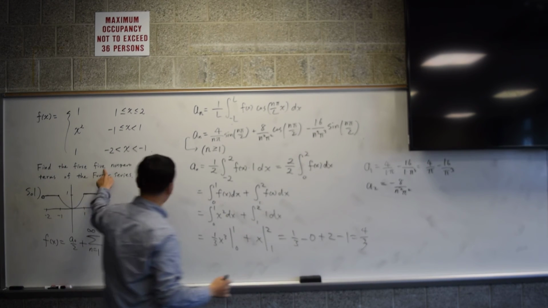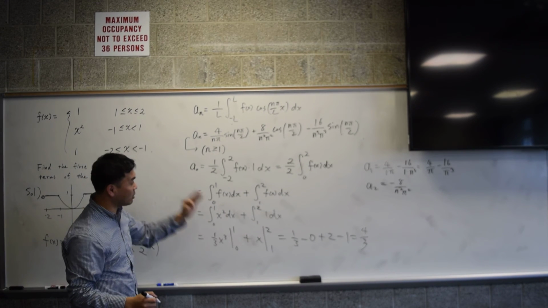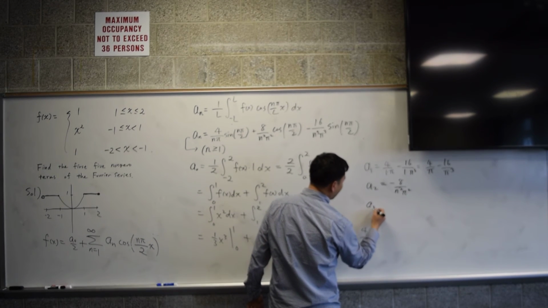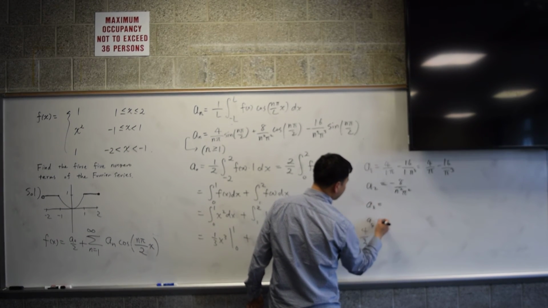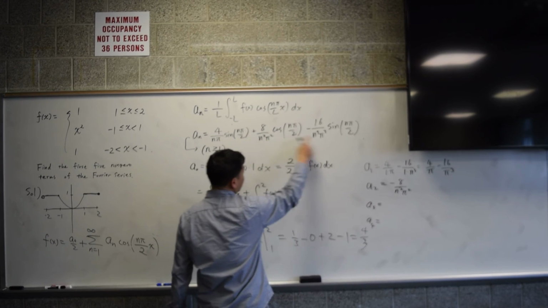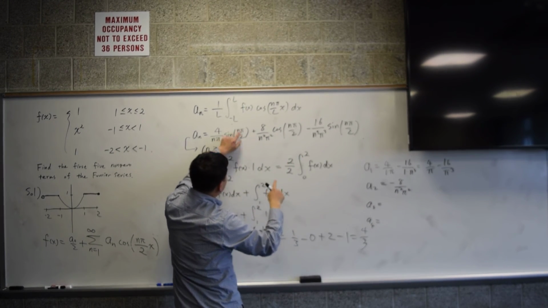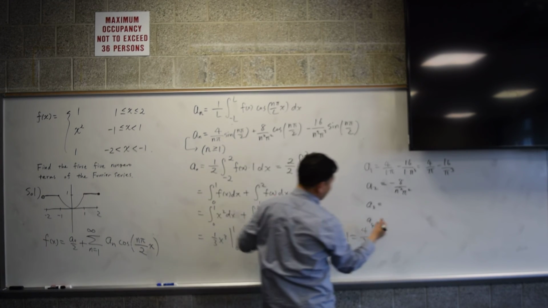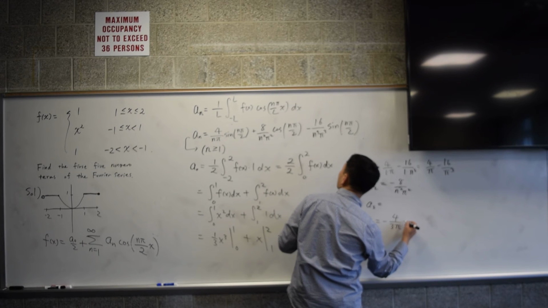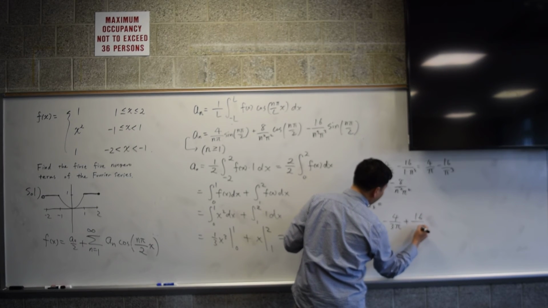I said first 5 non-zero terms, so a_0, a_1, a_2, a_3, a_4. Those are the ones that we need. Okay, a_3, a_4. Again, for a_3, this one will be 0 and these will be non-zero. And sine 3 pi over 2 is -1, so it will be -4 over 3 pi plus 16 over 3 cubed pi cubed.